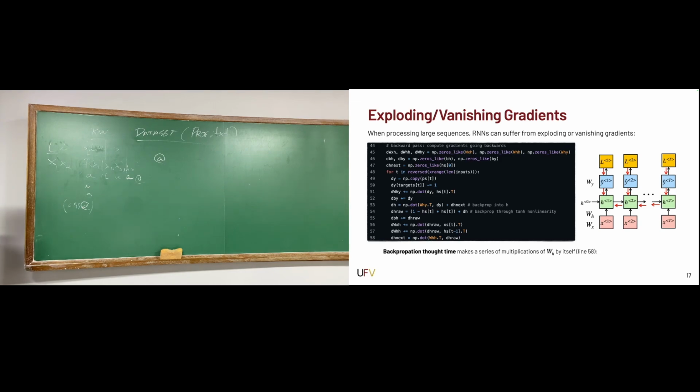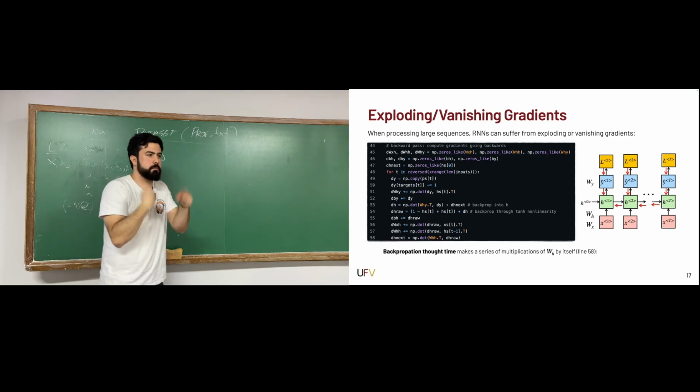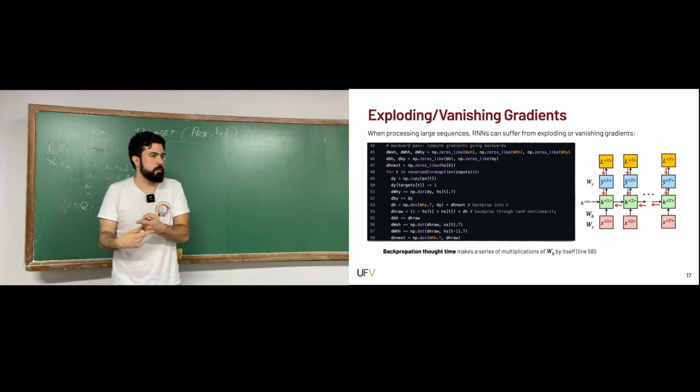But if you look up here, this variable dh_raw is using dh, and dh is using dh_next. So if you look at lines 53 and 58, you're going to see that what you're doing is actually multiplying Wh by itself many, many times.